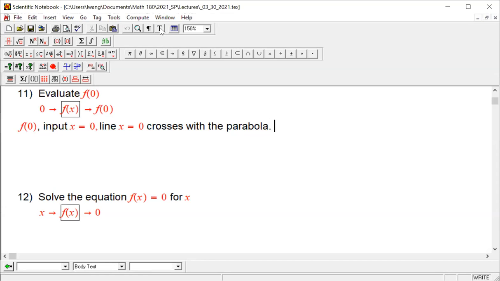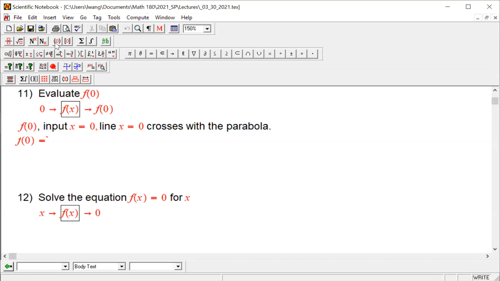And the point of intersection, the output will be the y coordinate of the point of intersection.